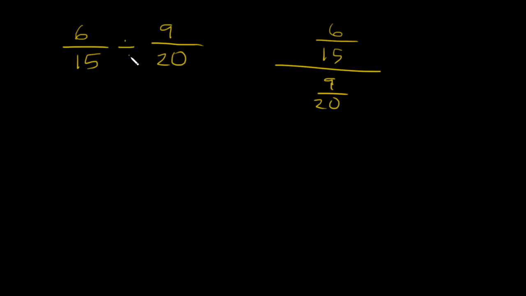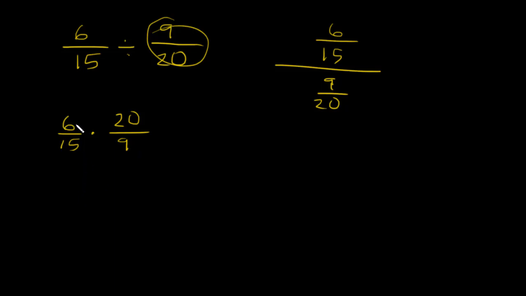But the main thing is dividing fractions is exactly the same difficulty as multiplying because to divide fractions, all we do is we take the second fraction, this one right here, and we flip it and change the division into a multiplication. Just like that.